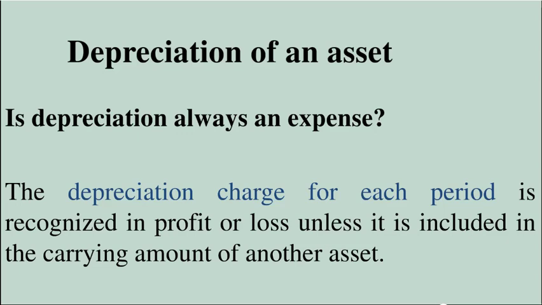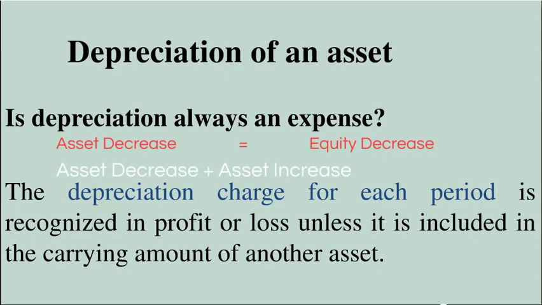So accordingly, depreciation is not always an expense. So we can say sometimes asset decrease, equity decrease as a result of depreciation. Most of the time, people treat depreciation as an expense, asset decrease, equity decrease, but sometimes it may create an asset decrease and an asset increase.